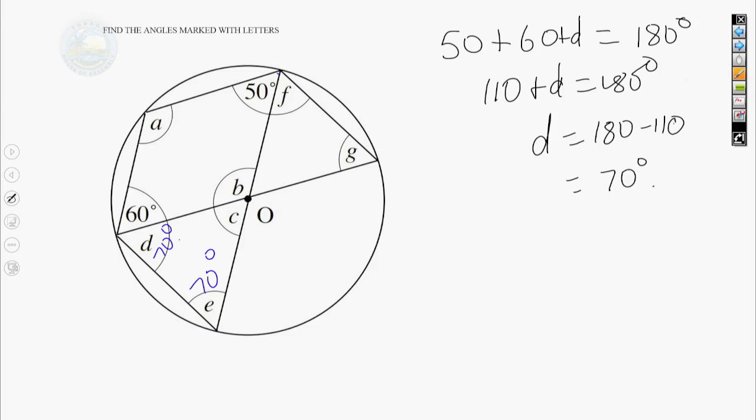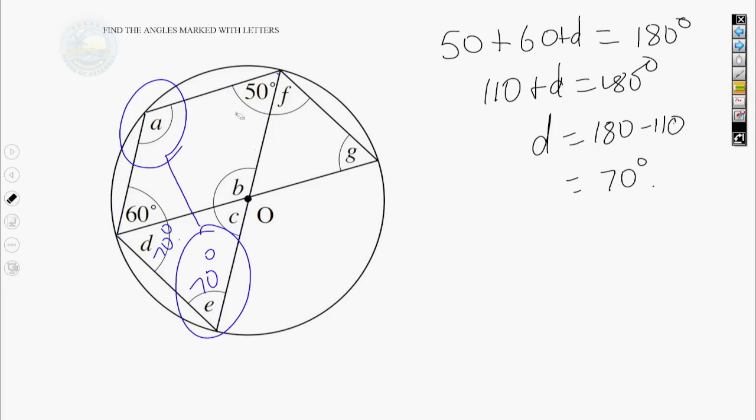And we can go back and forth to our same cyclic quadrilateral, because now this angle and that one, they are opposite each other, which means that they are supplementary. Angles opposite each other in a cyclic quadrilateral are supplementary.